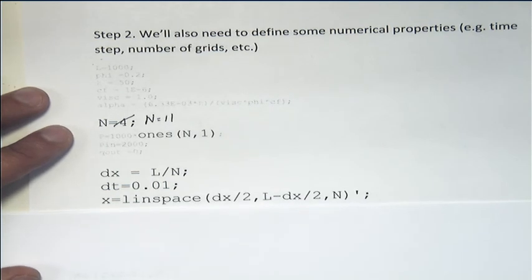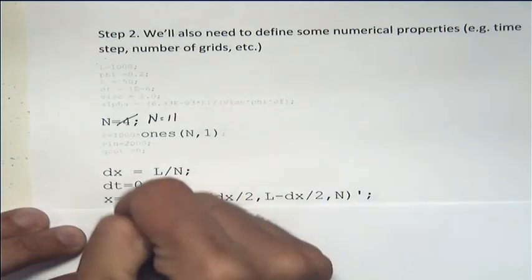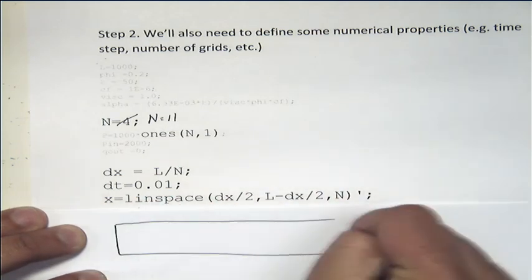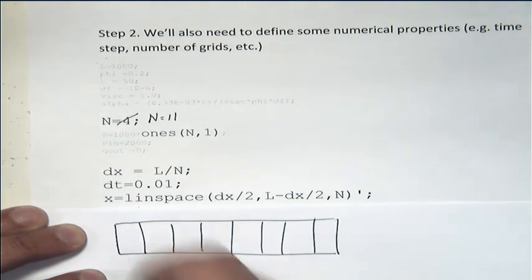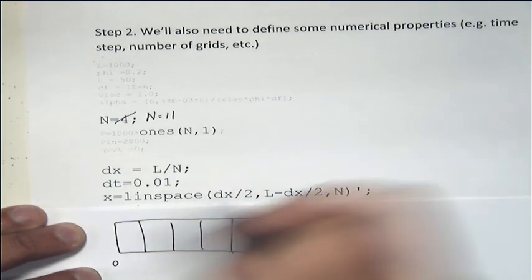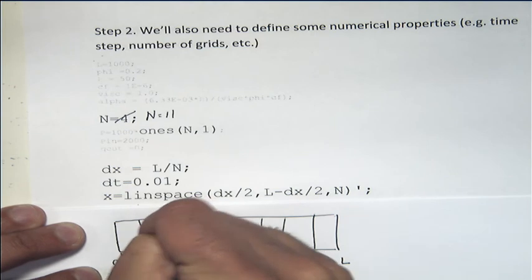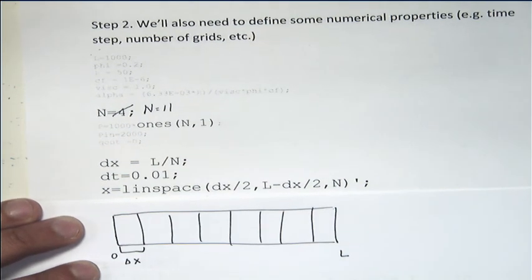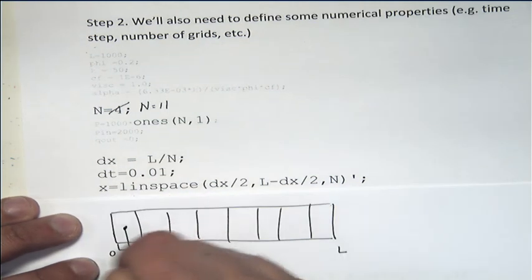This is a little tricky. X is going to be the center of my grid blocks. So if I've got all these grid blocks, this is 0, this is L, and I've got N grid blocks. This is delta X. So the first point is actually delta X over 2.